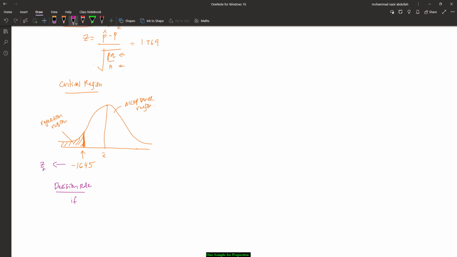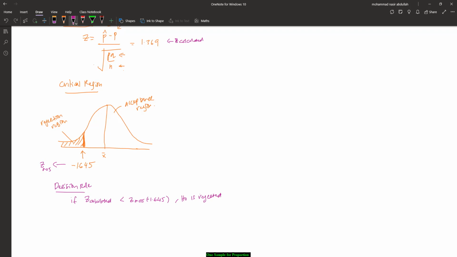If the Z calculated is less than Z 0.05, which is negative 1.645, then the null hypothesis is rejected.